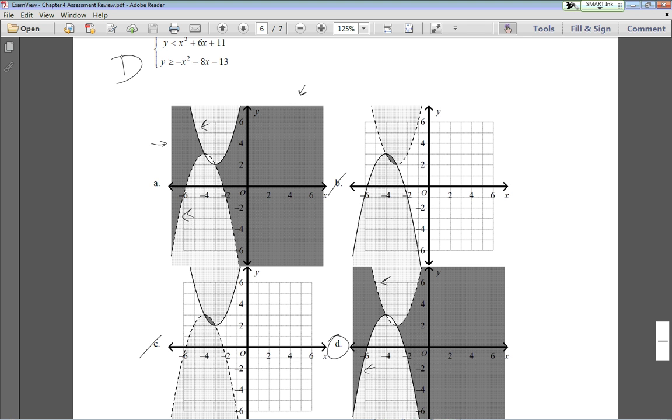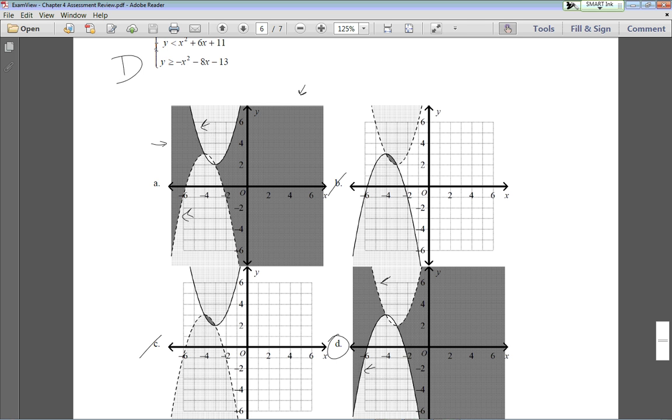So just remember, like I was saying on this one, if you look at B and C, the shading is only contained to inside the parabolas, and this little bitty sliver is where the shading overlaps. Okay, so if you look at A and D, the shading overlaps outside of the parabolas. Here it says y is less than this, so you need to shade the y's that are less than, so you're going to be shading outside of the parabola.